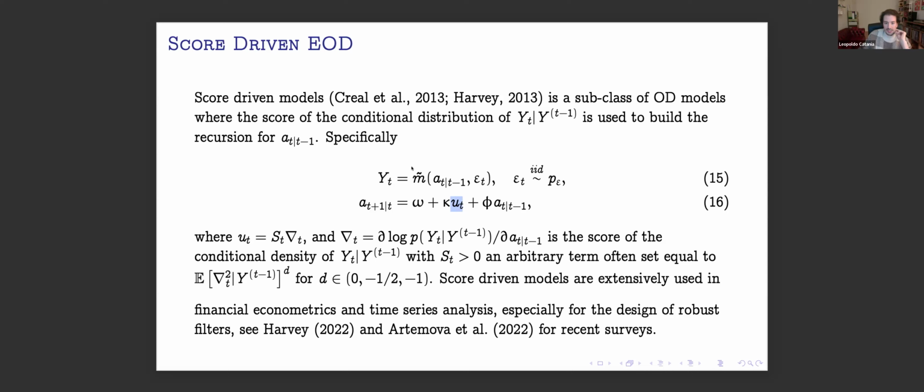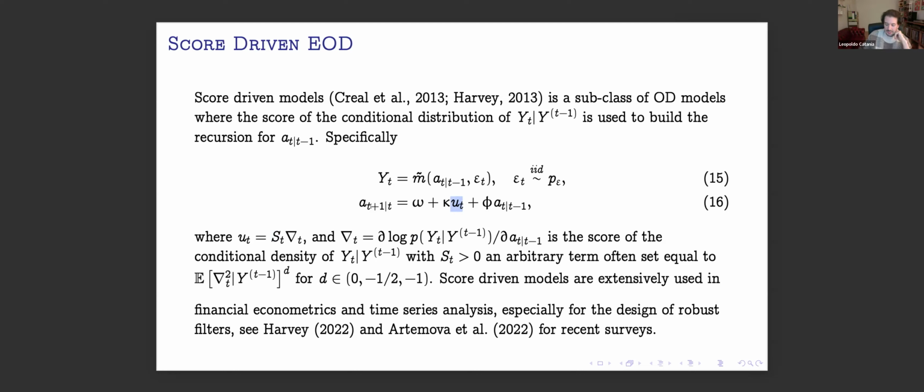So by writing the model in this way, under existence of the model, of course, we have this density immediately available. What we do is we compute the score, and then this is this nu t. Then we also define another object, S t. This is simply a positive quantity. And then we define the forcing variable in this way.